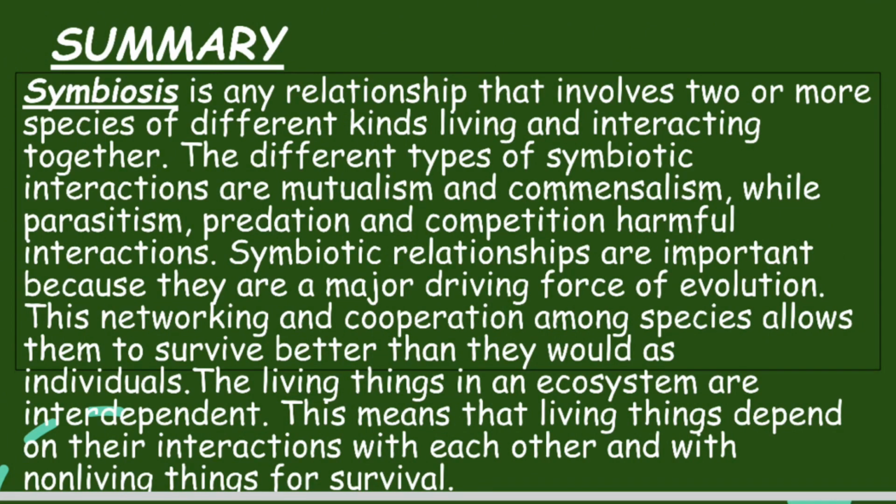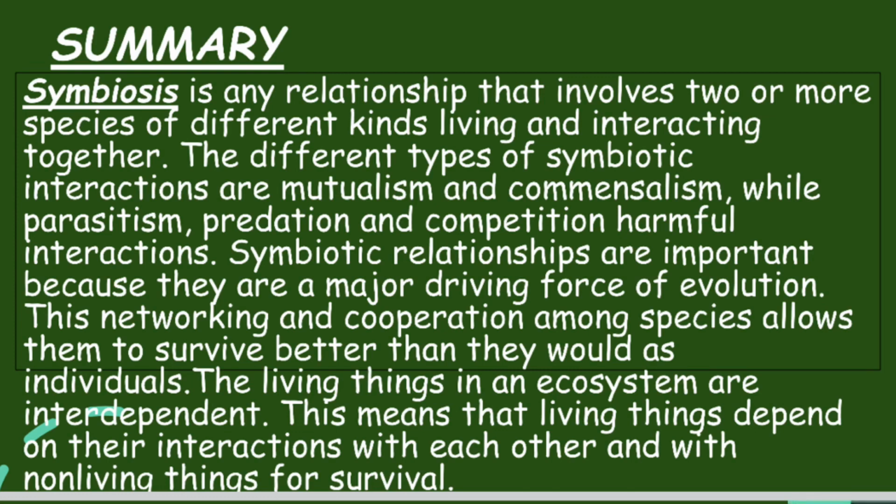And this is our summary of our topic. Symbiosis is any relationship that involves two or more species of different kinds living and interacting together. The different types of symbiotic interaction are mutualism and commensalism, which are beneficial, while parasitism, predation, and competition are harmful interactions. Symbiotic relationships are important because they are a major driving force of evolution.